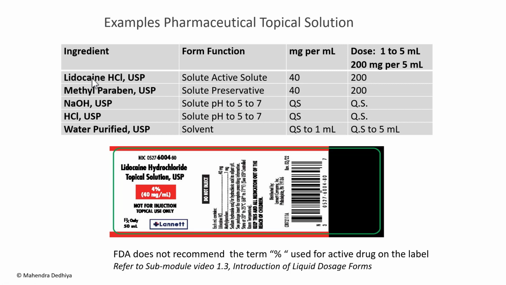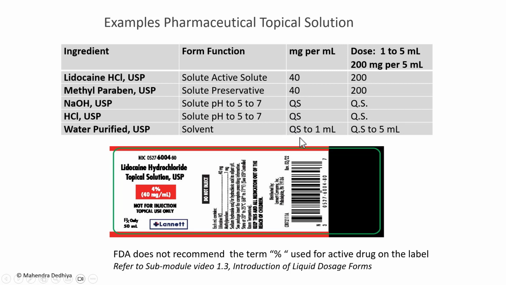Example of a topical solution, lidocaine. It has a 4% label, weight to volume. FDA does not recommend the term percent used on active. So the label will also contain milligram per ml, in this case 40 milligram per ml. The topical solution contains lidocaine, preservative, pH adjustment, and purified water USP as a solvent. The composition: 40 milligram of lidocaine, 40 milligram of methylparaben USP, and quantity sufficient to adjust pH.